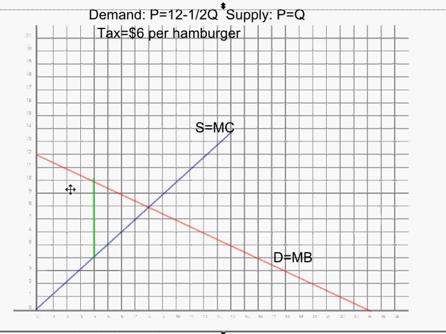And once you have that, you can just draw a couple of more lines and you're done. Well, you know that that's the price the consumers are actually going to pay up there, and then down here that's the price, $6 less, that the producers are going to receive down there. And then you know that the variable costs is going to be down here below the supply curve over to 4 units.